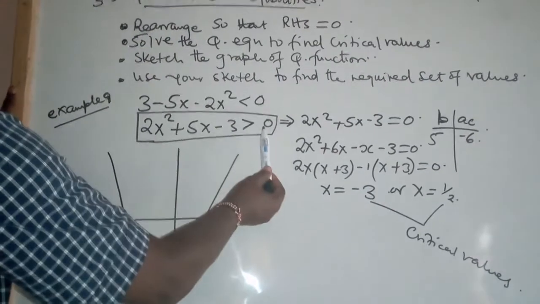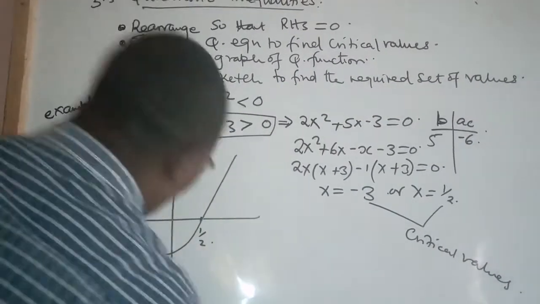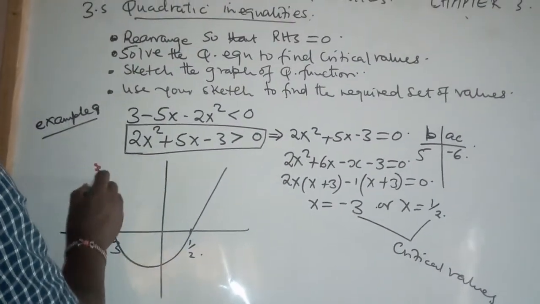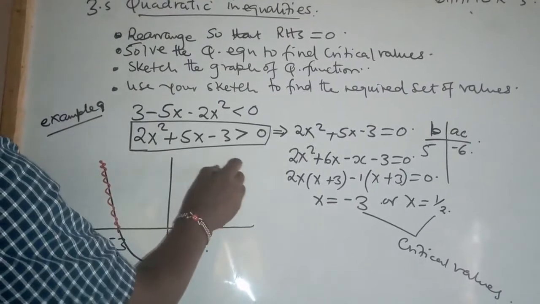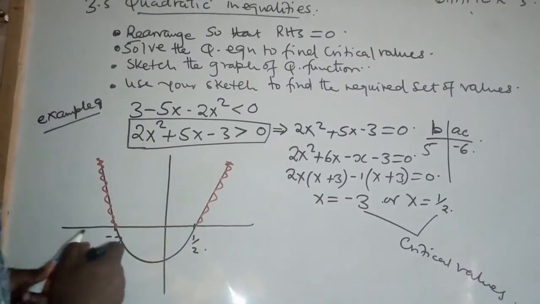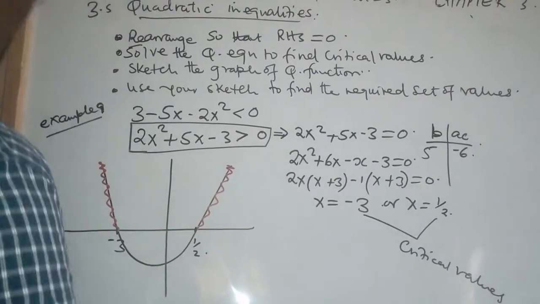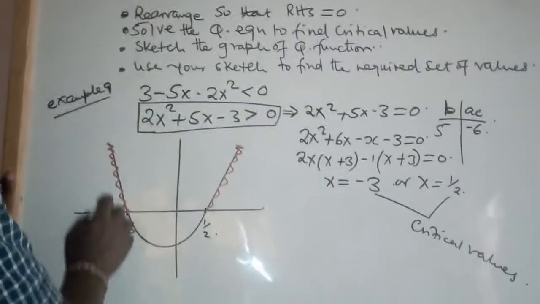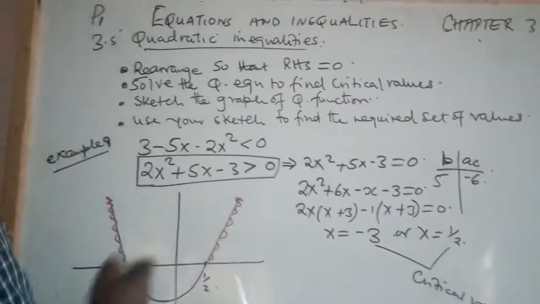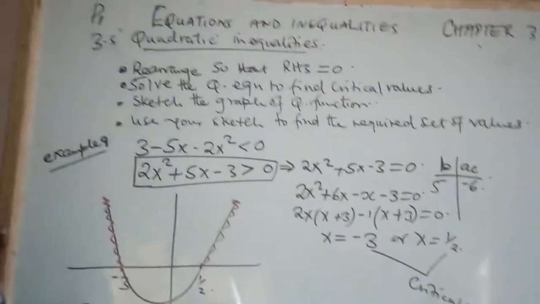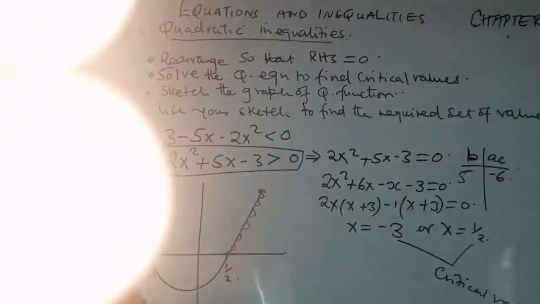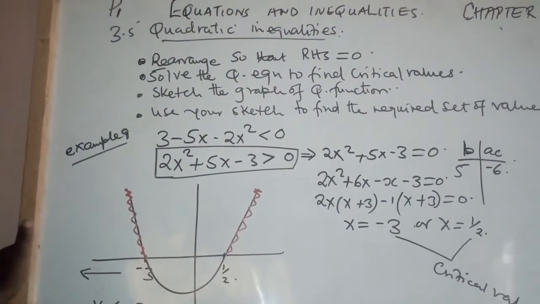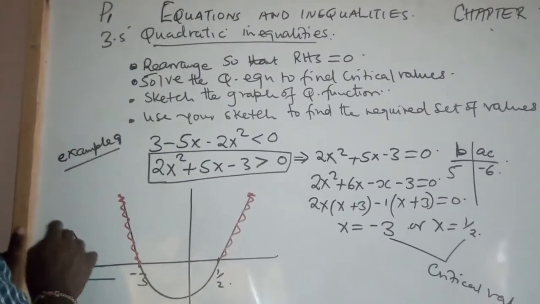When y is greater than 0, you can see that in that region of the graph, all y's are greater than 0. But when are they greater than 0? You can see y is greater than 0 when x is less than minus 3. I mean, as x approaches negative infinity, y approaches positive infinity.